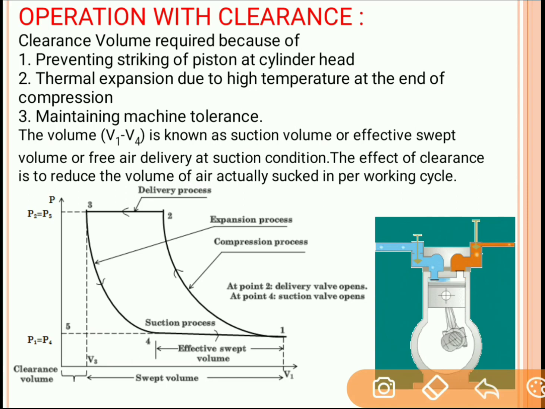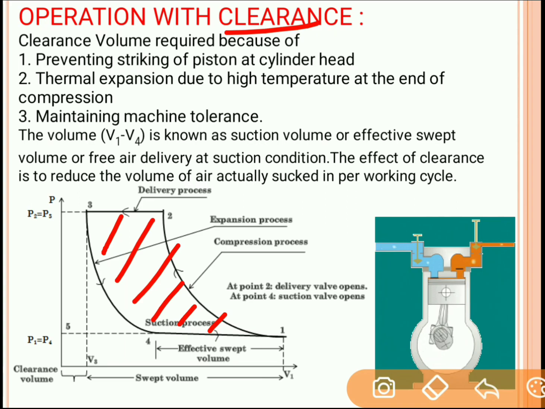Now you can see that the area under the PV diagram is less as compared to that of operation without clearance. So a very important conclusion over here is, if we operate the compressor with clearance, the area under the PV diagram will reduce. Now the area under the PV diagram represents the consumption of work.